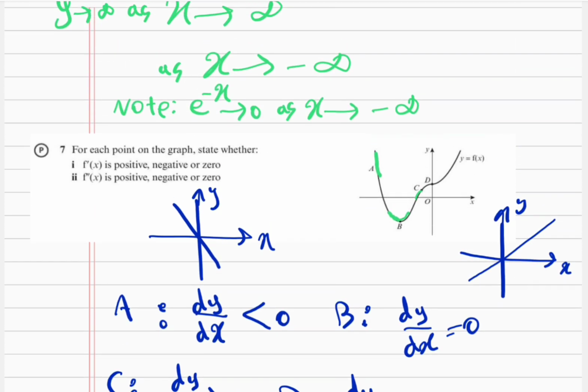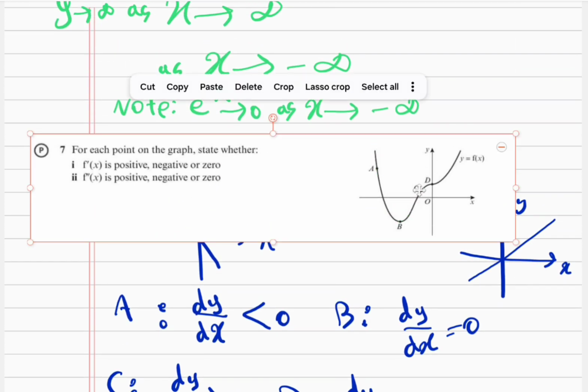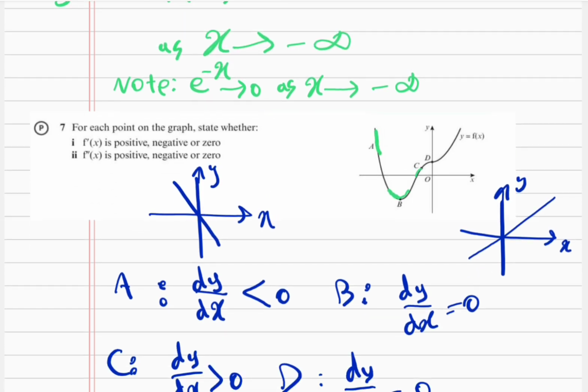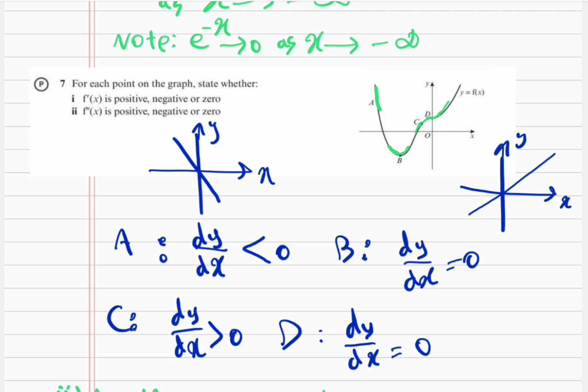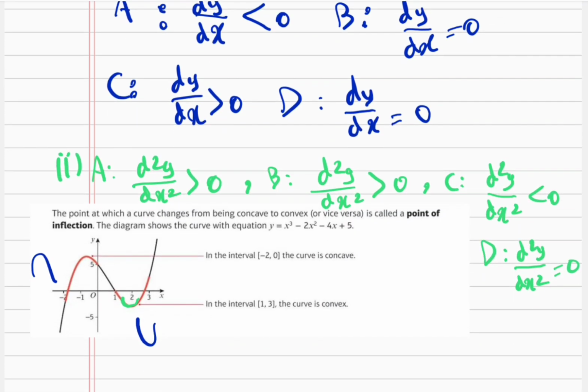And this is exactly what's happening, because the curve continues to be concave until it reaches D, and suddenly it changes direction such that it's no longer concave, and this time it's convex. So that's why D is the point of inflection, therefore the second derivative is 0 at D.